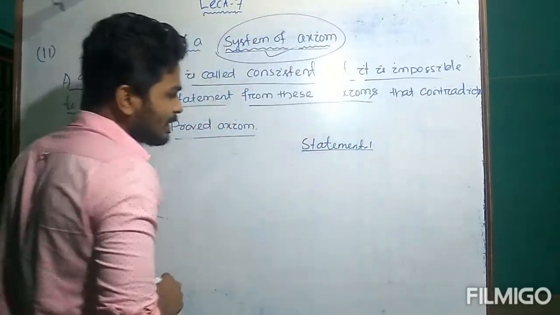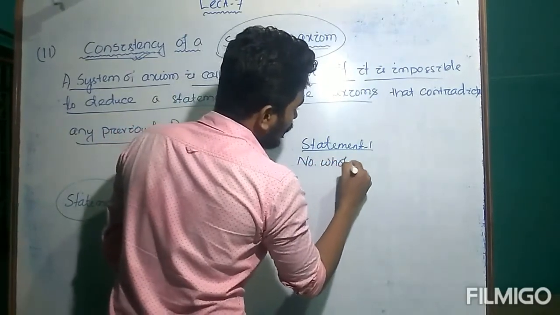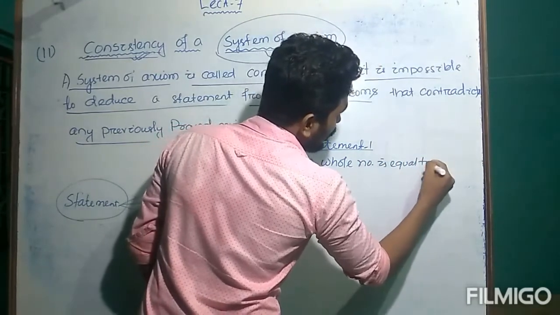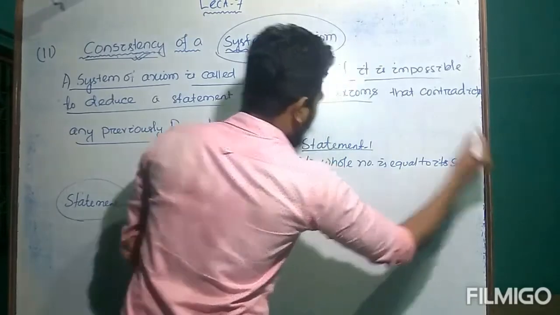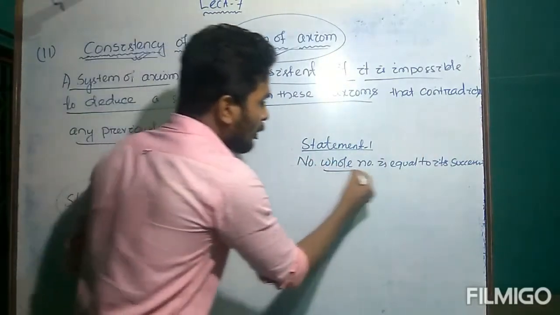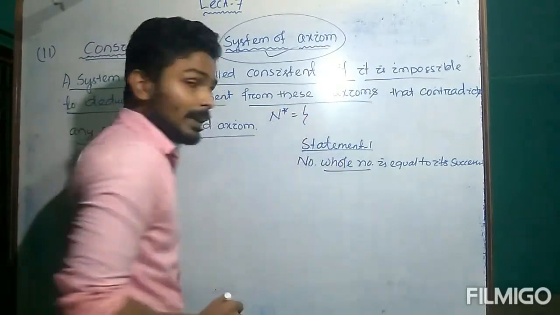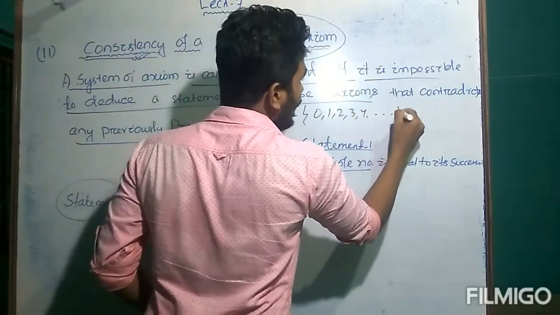The first statement is: no whole number is equal to its successor. It means what? Whole number means the set which contains the numbers starting from 0, 1, 2, 3, 4 and so on.